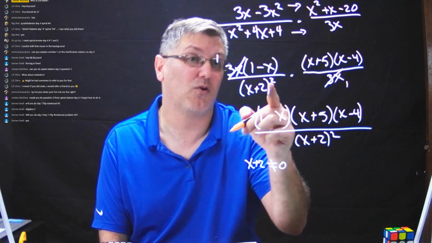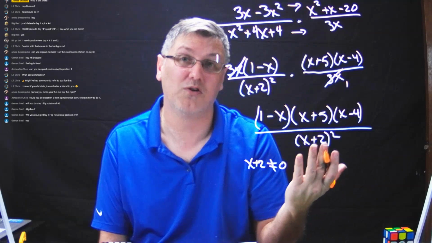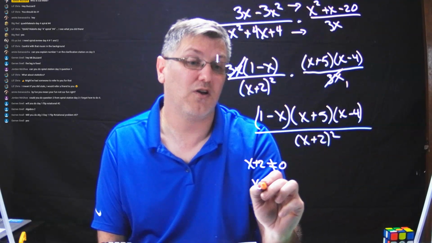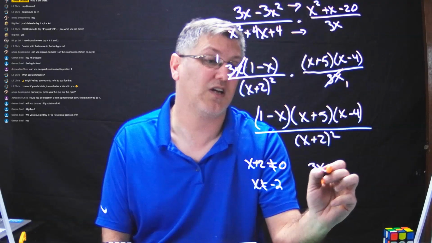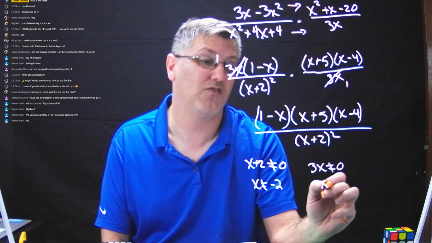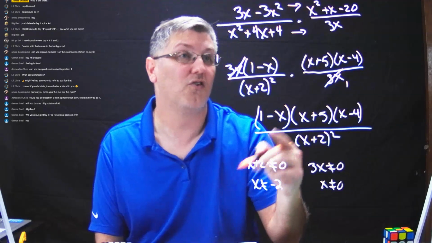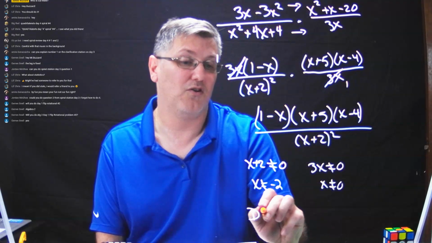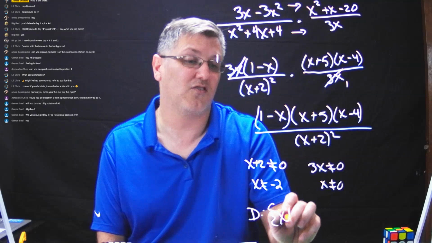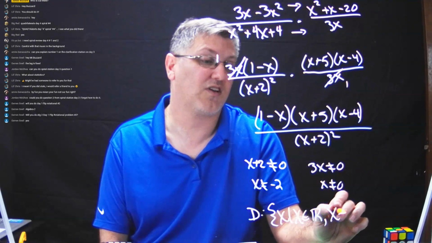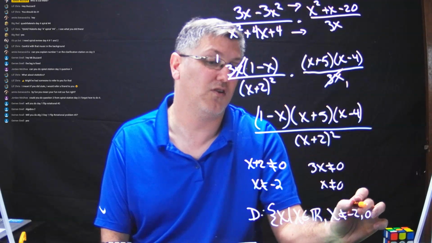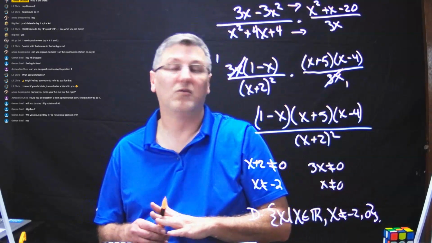Cannot equal 0. I'm not going to worry about the square because the square root of 0 is just 0. So I already know that x cannot equal negative 2. And then here I have 3x cannot equal 0. Well, that just means x cannot equal 0. So my domain is going to be the set of all x such that x is an element of the real numbers and x cannot equal -2 and 0. Done. Pretty easy.